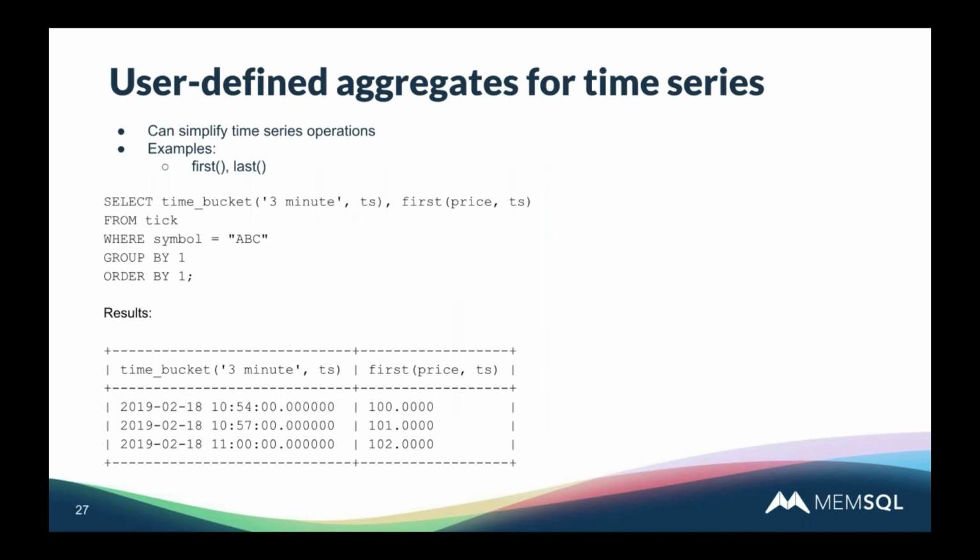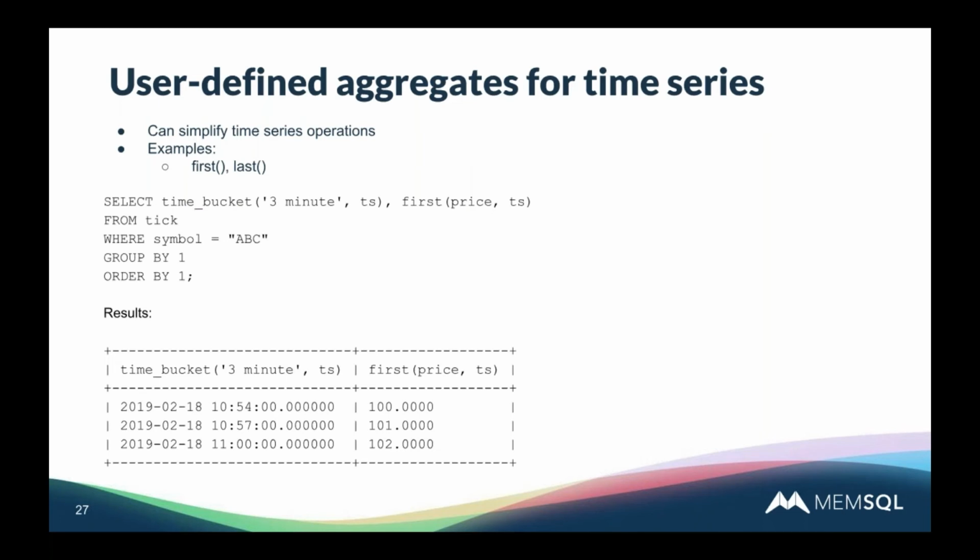Another capability that's useful for managing time series in MemSQL is the use of user-defined aggregate functions. So I already showed you how to do a candle chart, and it used first and last aggregates that are standard built-in MemSQL windowed aggregates. But you might want to be able to simplify your query. You can create some special first and last aggregates with user-defined aggregate functions, and that's what I've done in this example.